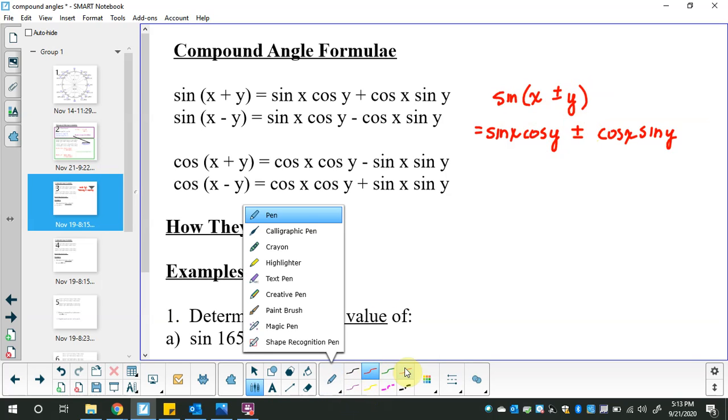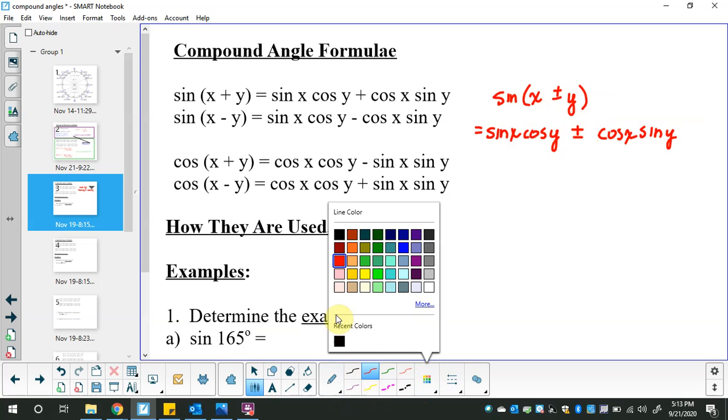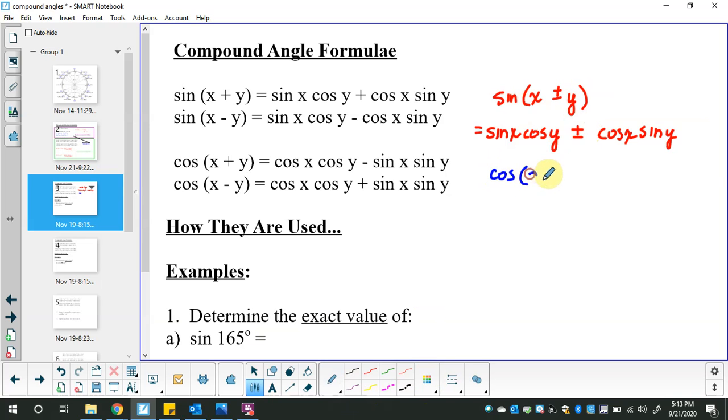Similarly, with cos x plus minus y, they both have cos x cos y on the right hand side, and after that it's sine x sine y.